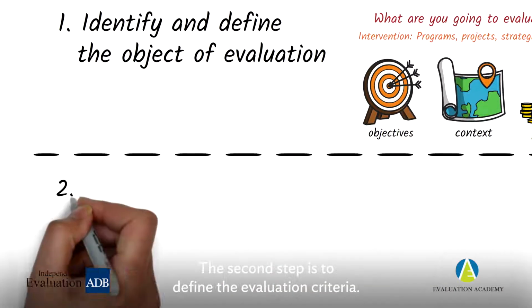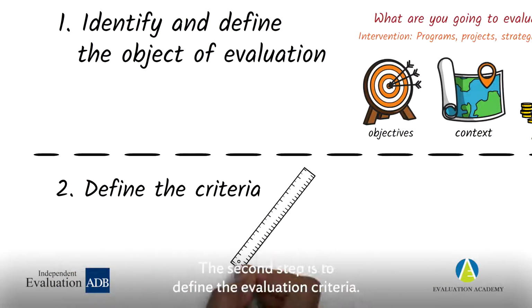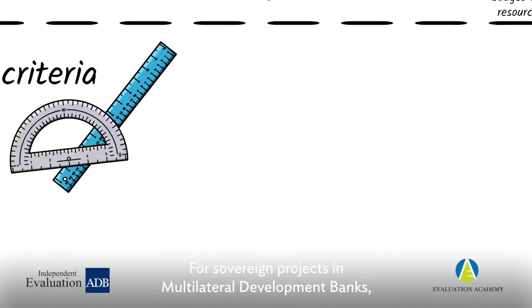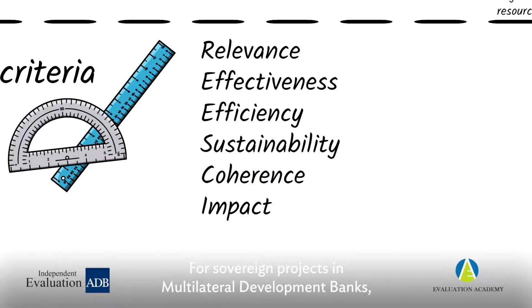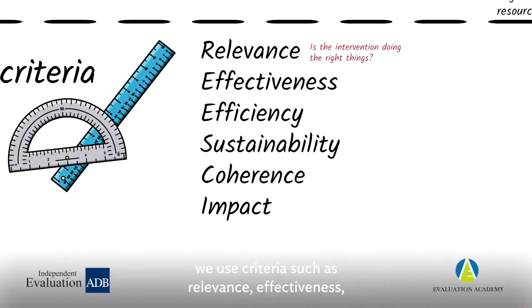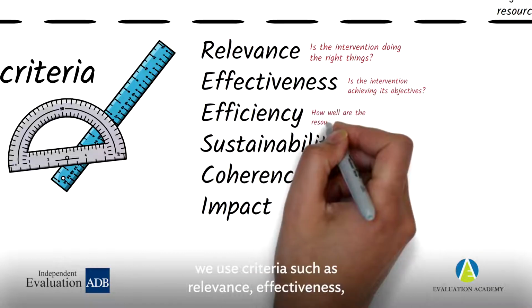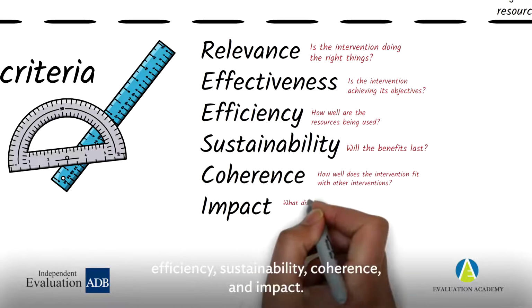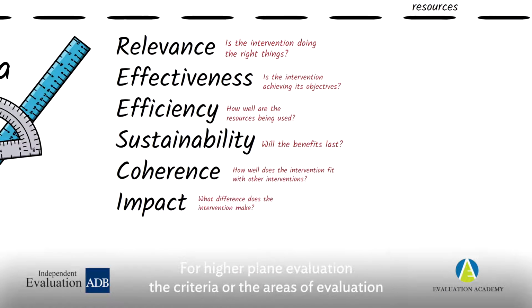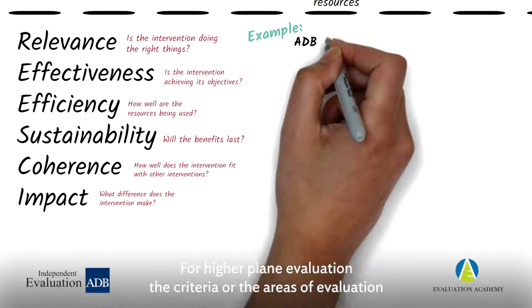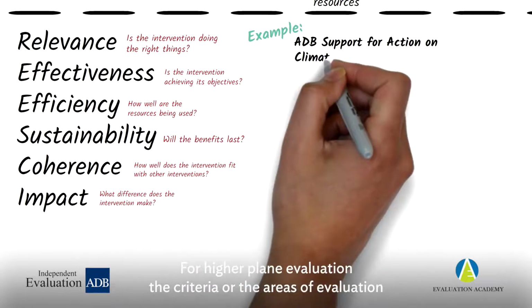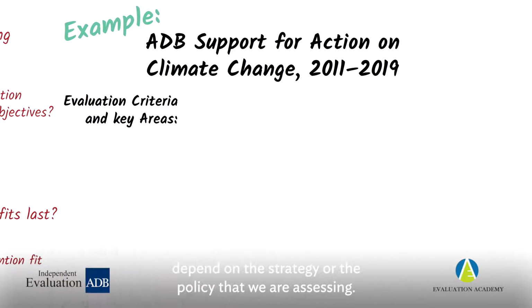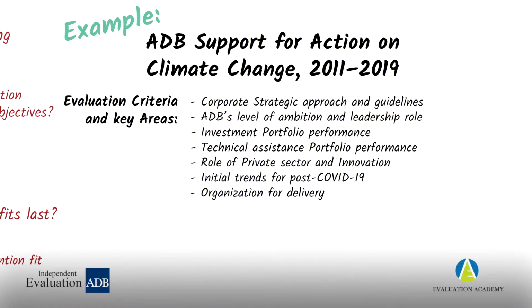The second step is to define the evaluation criteria. For sovereign projects in multilateral development banks, we use criteria such as relevance, effectiveness, efficiency, sustainability, coherence, and impact. For higher plane evaluation, the criteria or the areas of evaluation depend on the strategy or the policy that we are assessing.